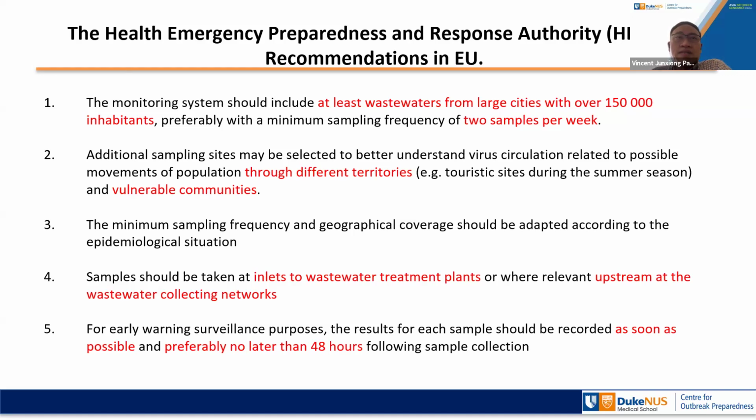Samples should be taken at the inlet of wastewater treatment plants or upstream in the wastewater collecting network, minimally as a baseline, to have a very good overview of the potential infectious disease transmission that may be occurring in residential areas, especially when vaccination coverage is not high enough to deter any form of outbreak occurrence.